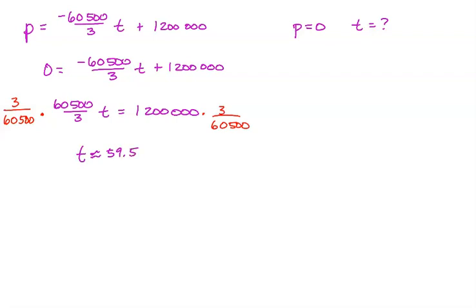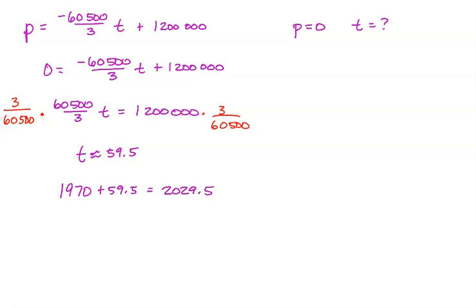59.5. But now we have to think about how we had defined time. Our input, our t, was the number of years since 1970. So this is 59.5 years since 1970. If we add those, we get 2029.5.